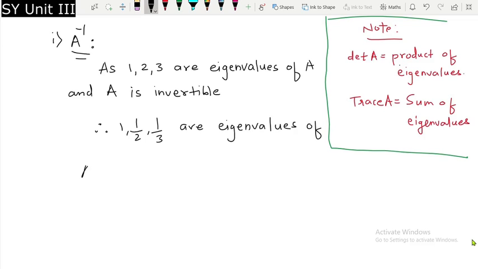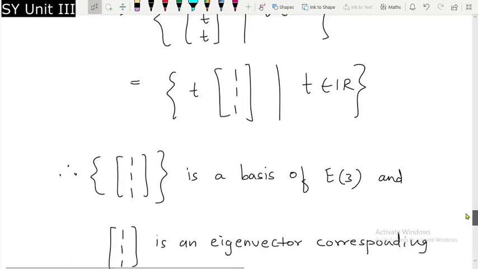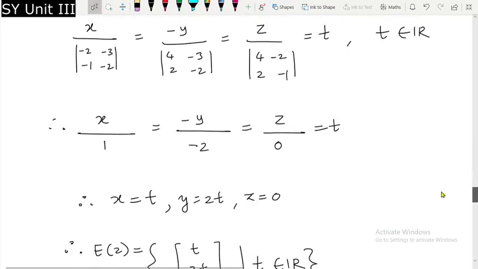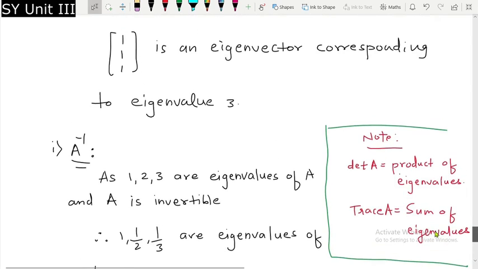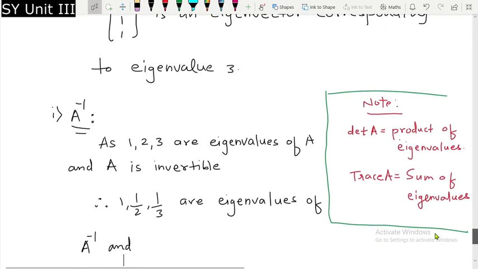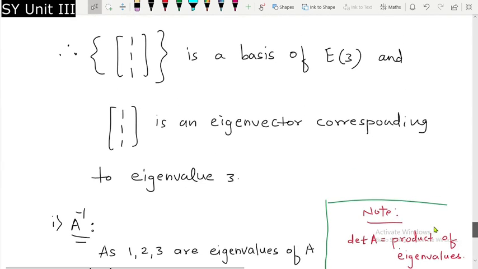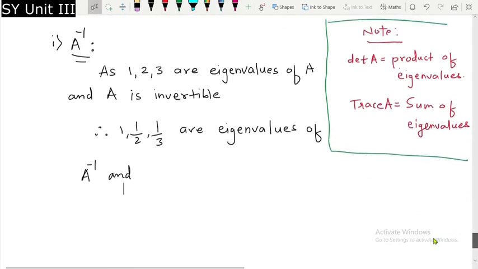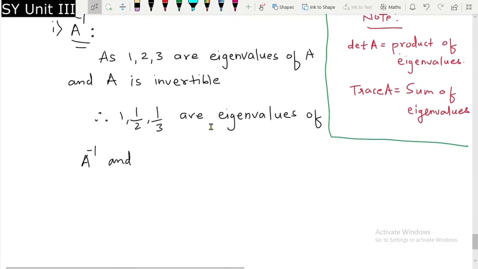Now they have asked us the basis of eigenspaces, or you can say eigenvectors also. And what are the eigenvectors? See, the result that we proved in the last class, that 1 upon lambda is an eigenvalue of A inverse whenever lambda is an eigenvalue of A. That time I told you that the eigenvector remains the same. Means whatever eigenvectors of 1, 2, 3 were there, the same eigenvectors we are going to have corresponding to 1, 1 half and 1 upon 3 also.